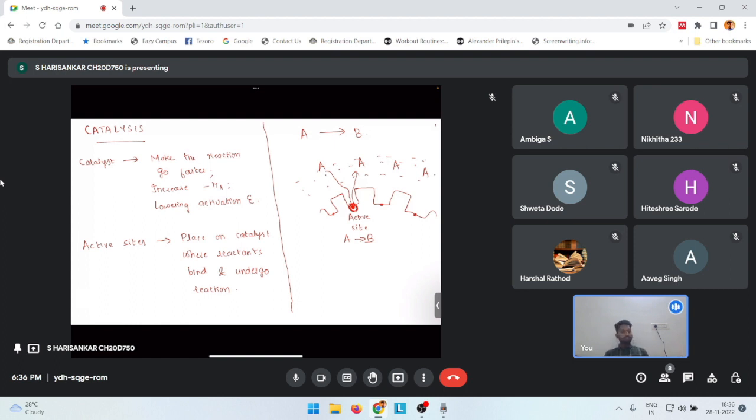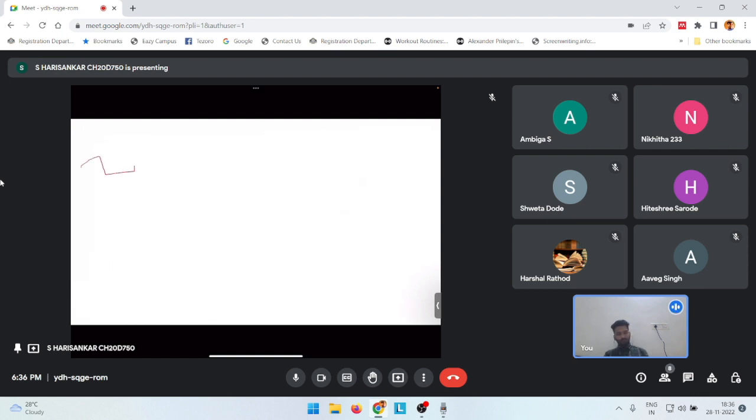Right. Now let us zoom in on this. Let us just take one active site like this. You have A in the medium. First, A has to diffuse to the surface of your catalyst.